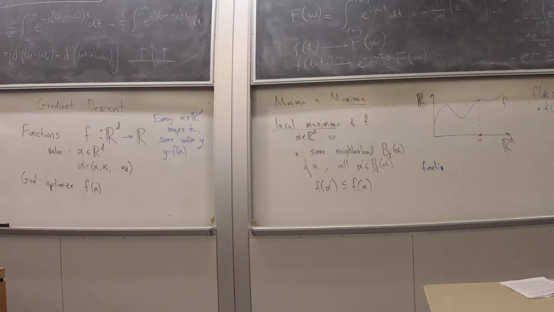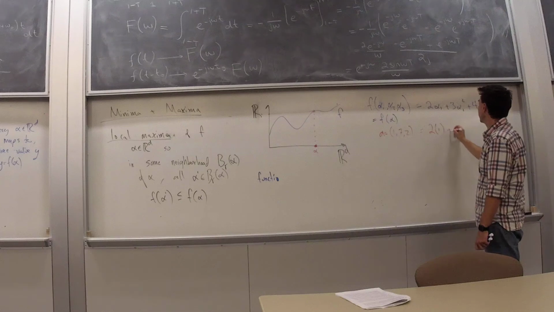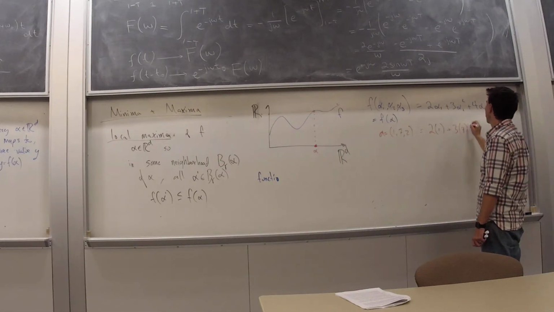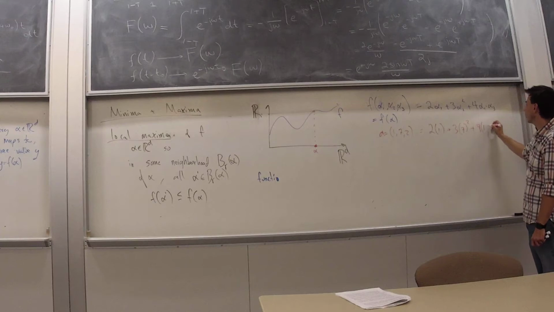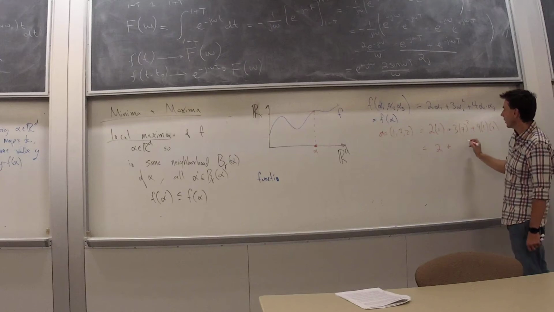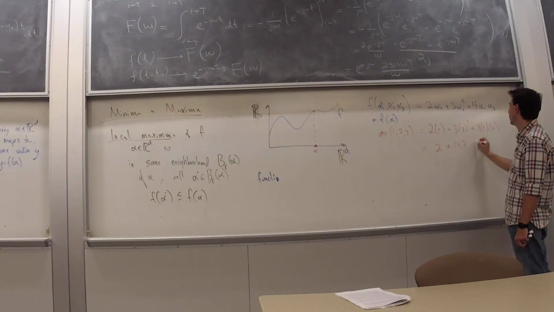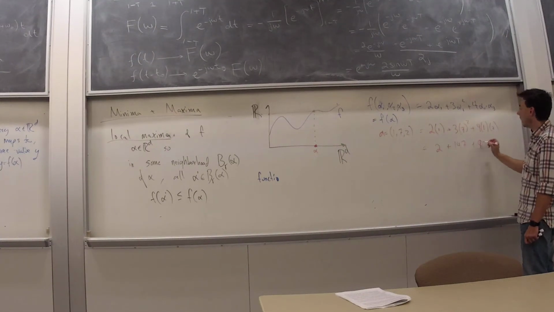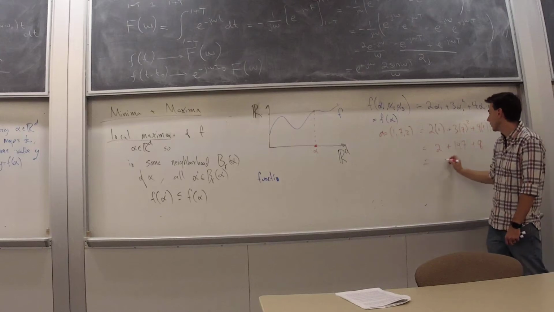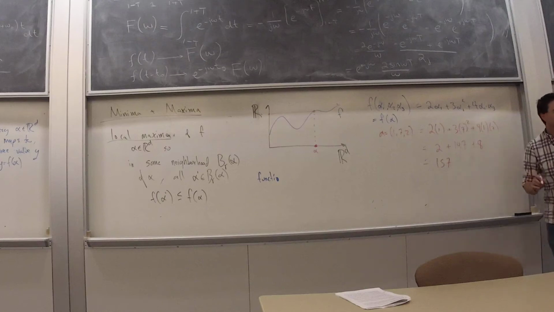If I put in alpha equals 1, 7, 2, then this is going to be 2 times 1 plus 3 times 7 squared plus 4 times 1 times 2, which is 2 plus 147 plus 8, which is equal to 157, right?